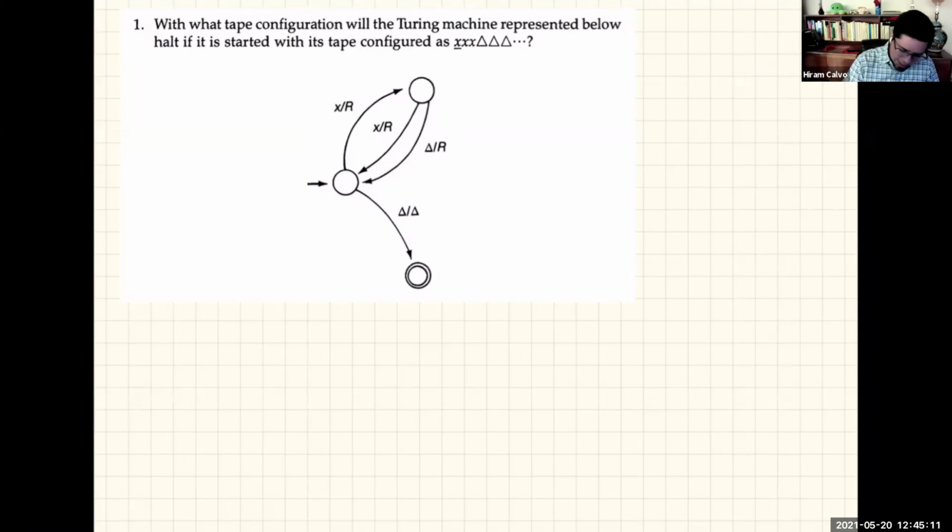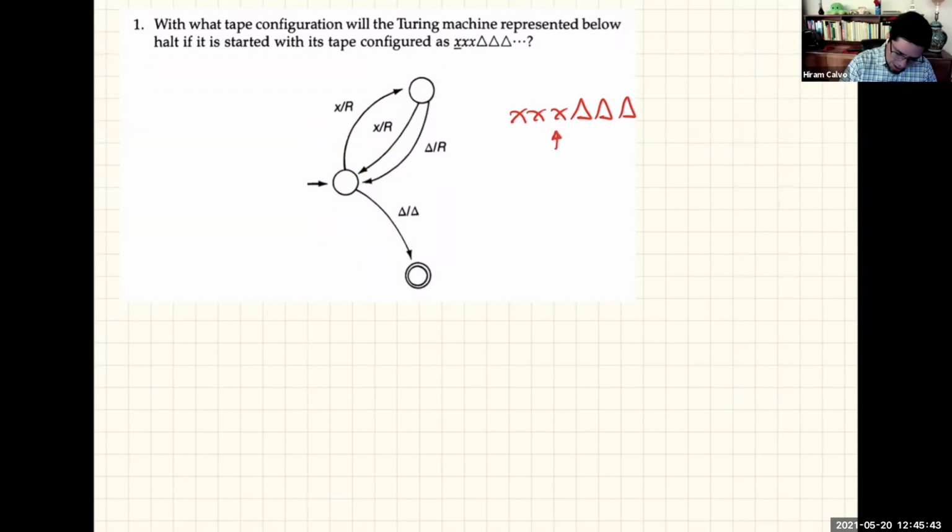So let's execute it. Let's suppose we have done this XXX. I'm just drawing it again. Also we can draw this as an arrow just to make it more visible, but it's the same. So we are here, we have an X and it says move to the right. Then this is moved to the right. And now we are standing on this state. Then we have another X, then we go back to this state and move to the right. And then we are here.